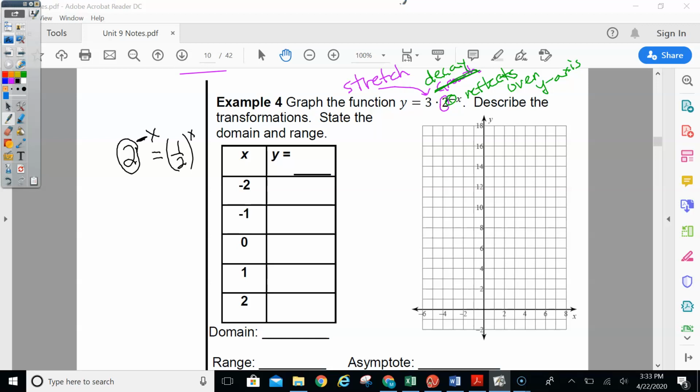That's why it changes it from growth to decay or decay to growth. So here what we're actually going to graph is 3 times 1/2 to the x, which is the same thing as this up here. But this one is decay because it's a fraction. So this is the one I want to type in the calculator to get the points.